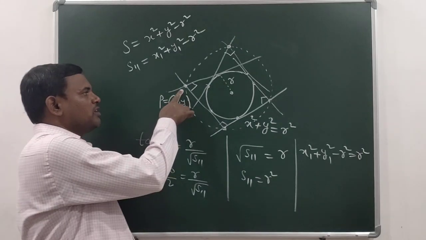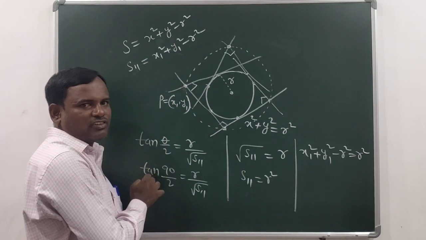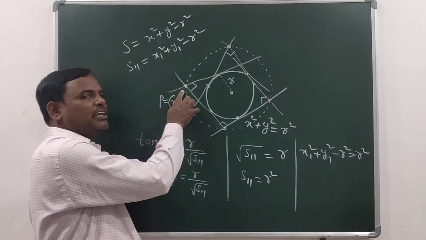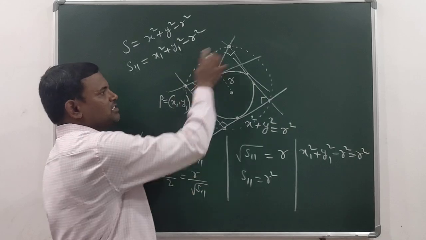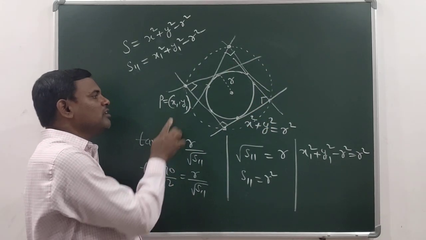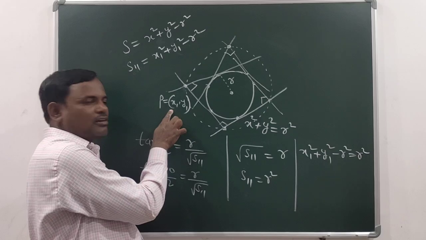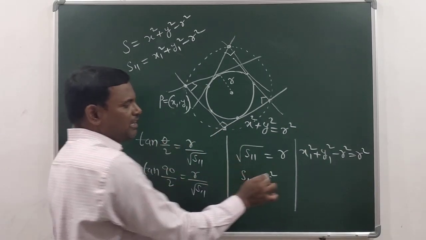You know, this point P, here I have taken whose coordinates as x1, y1, but this point P can be taken anywhere on the circumference of the dotted circle. This is our required locus, no? So in the final answer you must replace x1, y1 by x, y.